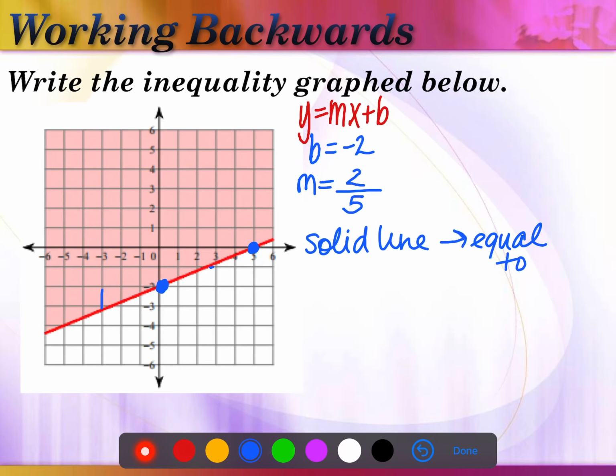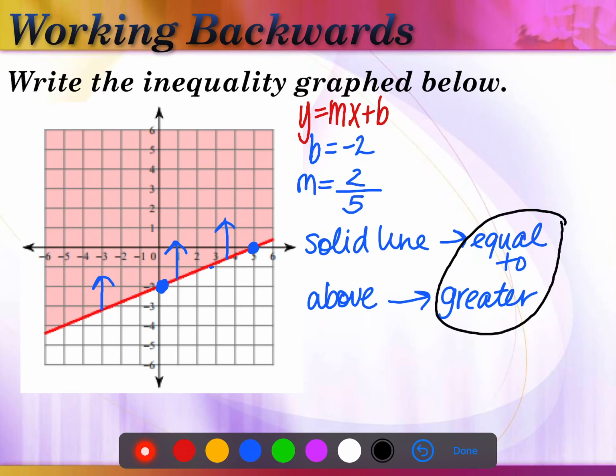Now I'm going to put my pencil on the line, and I'm going to point to my shading. Point to where the shading is. Well, the shading is above the line. Above the line means greater.